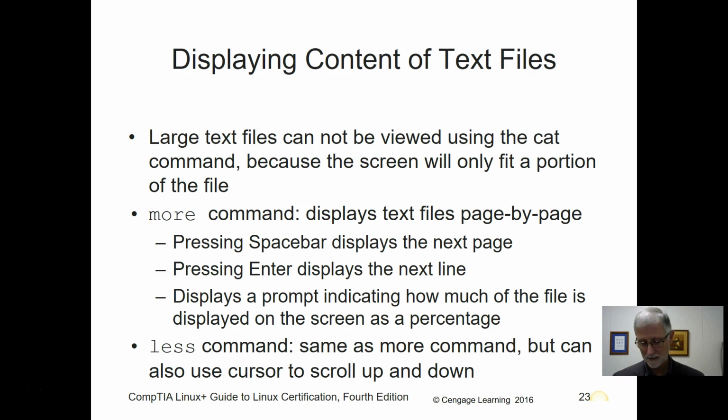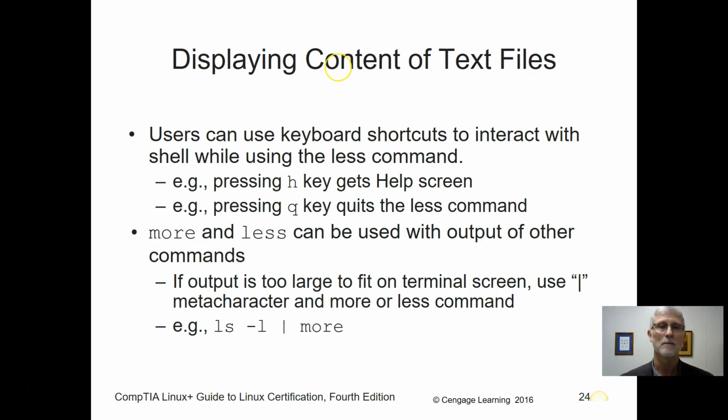If you hit the enter key, you just get one line at a time. If you want to use the less command, it's like more, but it allows you to use the cursor to scroll up and down. So I'm sure we'll get to play with some of those this semester.